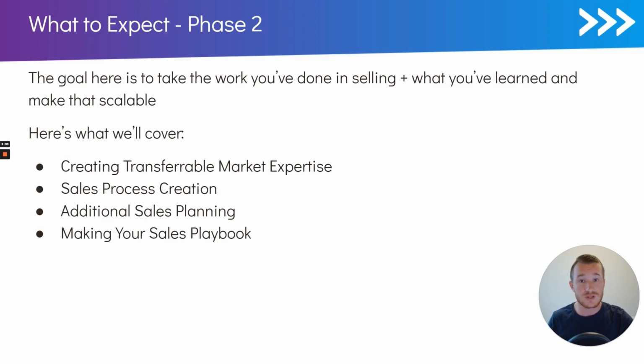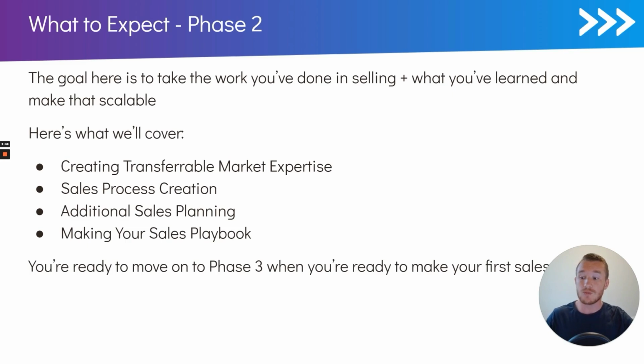So all of the resources we'll be building are designed to help the next reps ramp faster and make sales easier for them so that they don't have to go through that same process of figuring everything out that you're already going through. And then you'll be ready to move on to phase 3 when you're ready to make your first sales hires. So after you've gone through and built all these resources, continue selling until you're ready to make those sales hires, and then phase 3 is there ready for you.